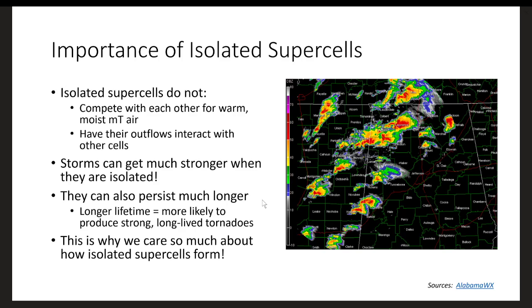Whereas if you have a linear storm system, they contaminate updrafts and the storms can just die really quickly. So this is why they're more likely to produce strong, long-lived tornadoes, because they can be on the ground for a really long time. And that's why we care about how the isolated supercells form.